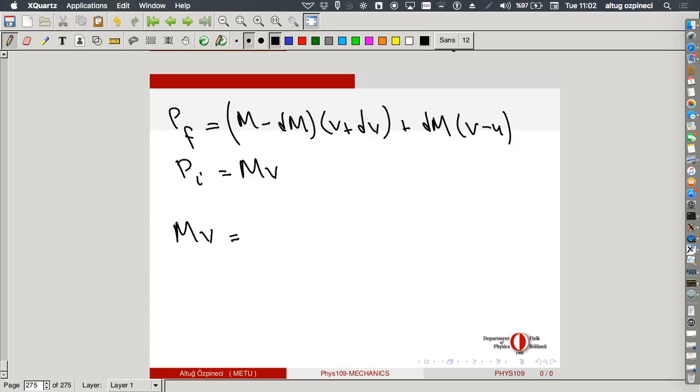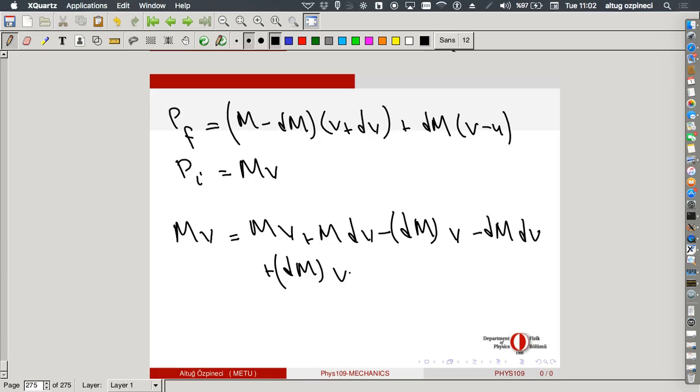M times v should be equal to, okay, now I will just multiply these parentheses. M times v plus M times dv minus dm times v minus dm times dv plus dm times v minus u times dm.